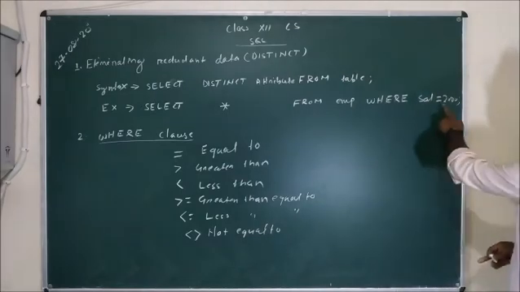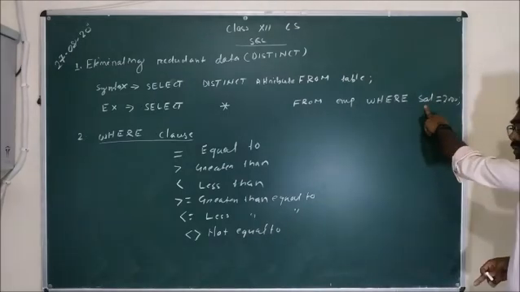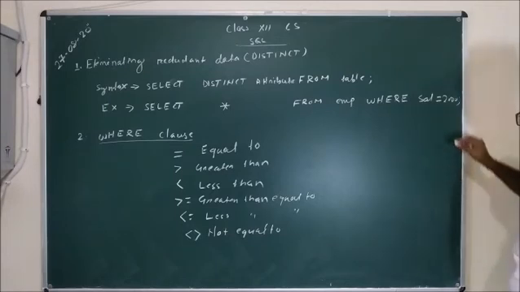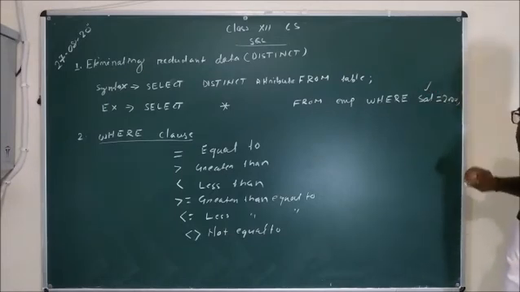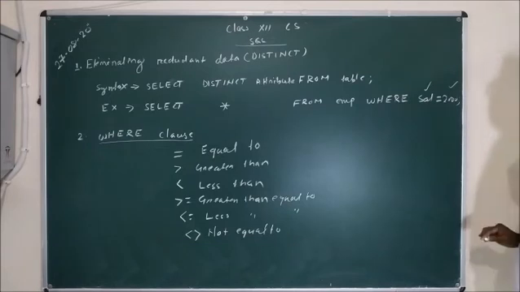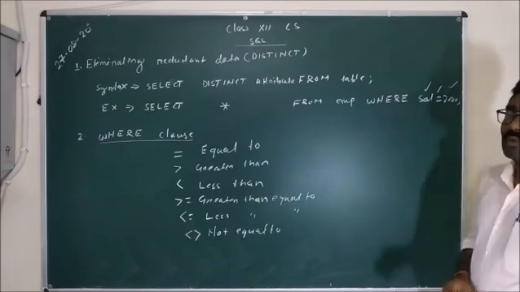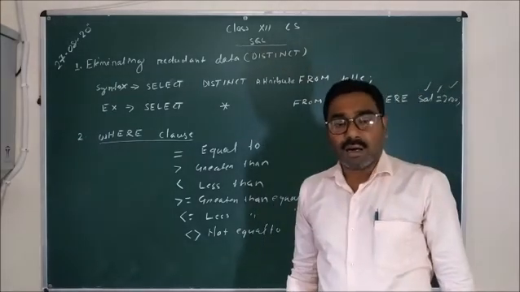Now here sal is an attribute, 2000 is the value, and this equal to sign is a relational operator.